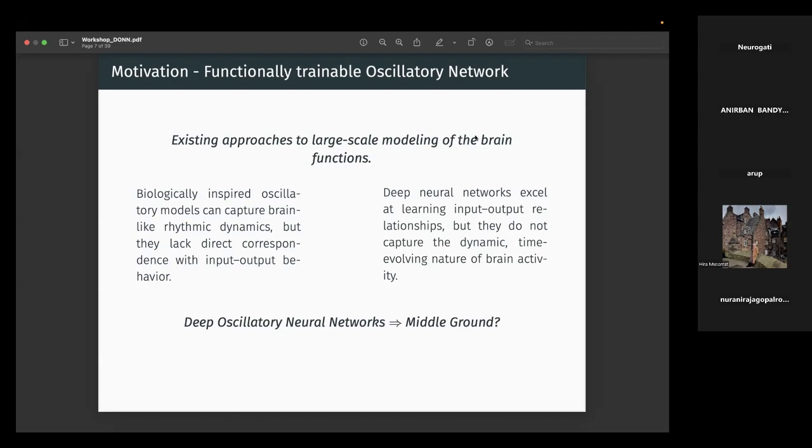On the other hand, as you may have seen, deep neural networks do not have this natural brain-like neuronal oscillation, although we have seen various other phenomena that neural networks are able to capture from neuroscience.